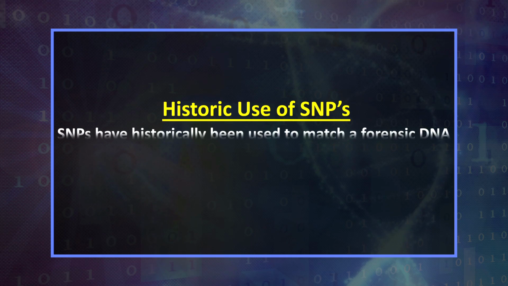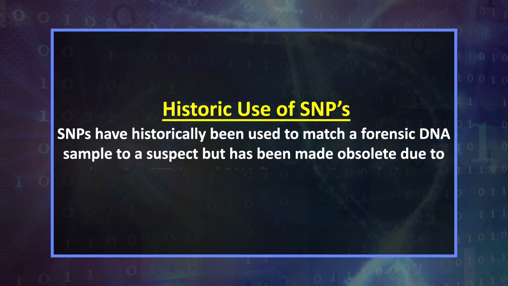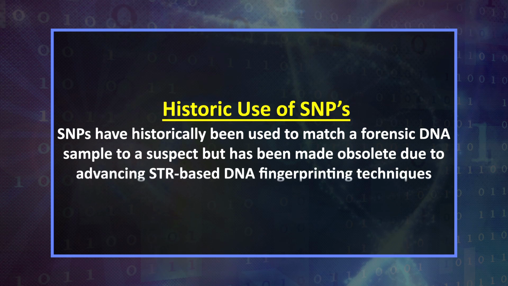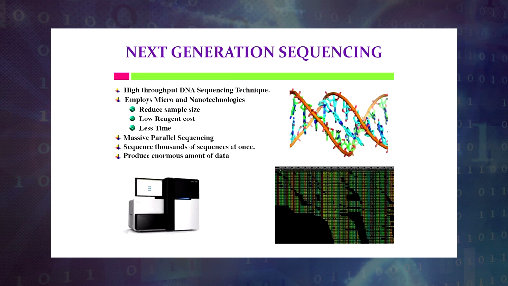SNPs have historically been used to match a forensic DNA sample to a suspect, but this has been made obsolete due to advancing STR-based DNA fingerprinting techniques. However, the development of next generation sequencing, that is NGS technology, may allow for more opportunities for the use of SNPs in phenotypic clues such as ethnicity, hair color, and eye color, with a good probability of a match.